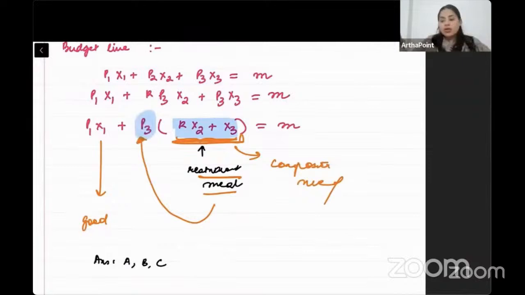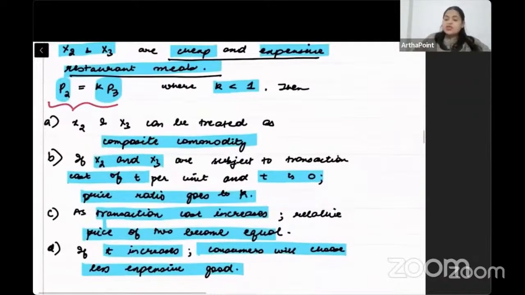P2 तो गायब हो गया ना equation से. So there is just one price attached to this. So these two can actually act as a composite good. Composite मतलब हम इनको combine कर सकते हैं, that both of them just represent the restaurant meal. So in that sense, the first statement that X2 and X3 can be treated as composite good is in fact correct. ये एकदम ठीक statement है.